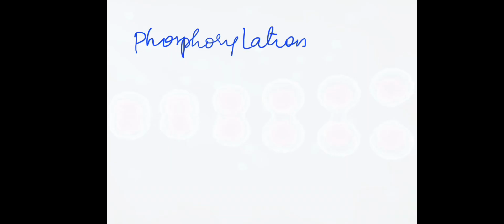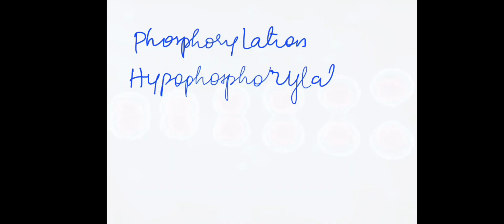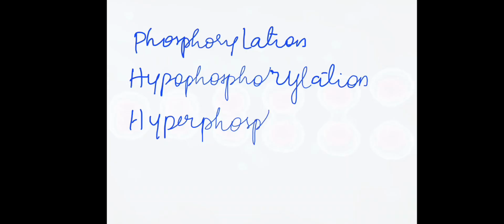So there are three kinds of phosphorylation. Unphosphorylated, hypophosphorylated, hyperphosphorylated.